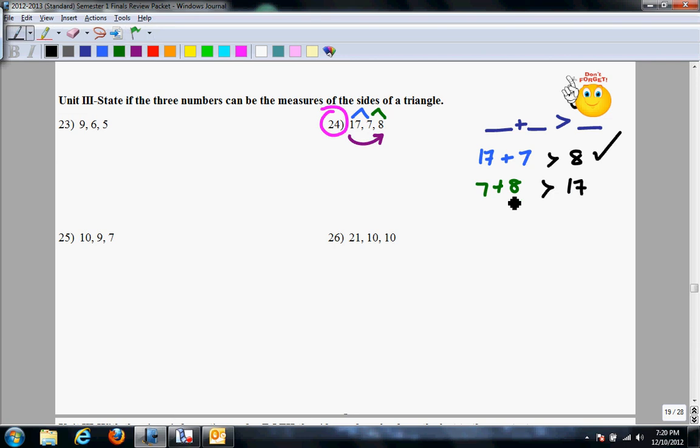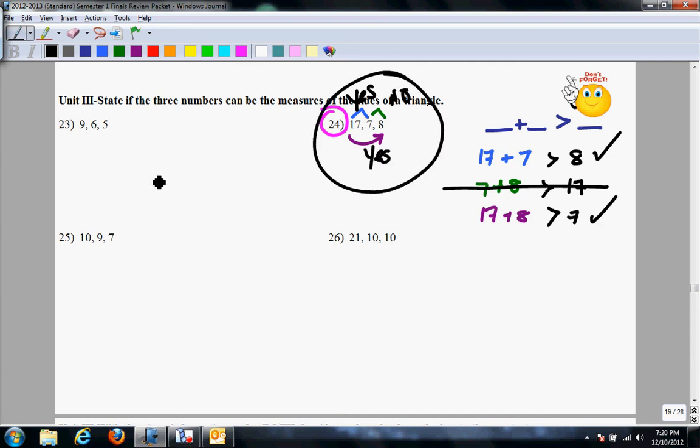And the answer here, since this is 15 on this side, the answer is no. That one doesn't work. So this one's a yes. This one's a no. Then here we're going to go 17 plus 8. Is that greater than 7? The answer is yes. So that's yes. But all three have to be yes for it to be a triangle. So this whole thing is no, it's not a triangle.